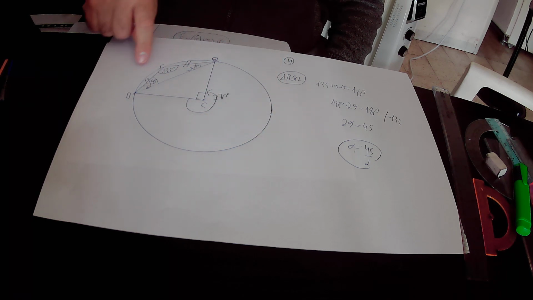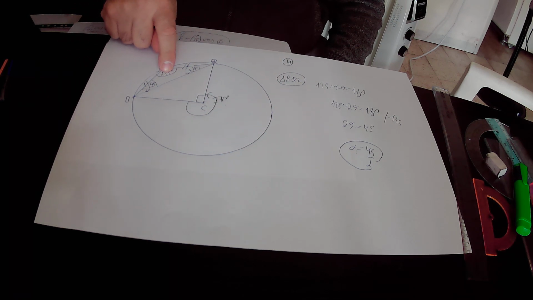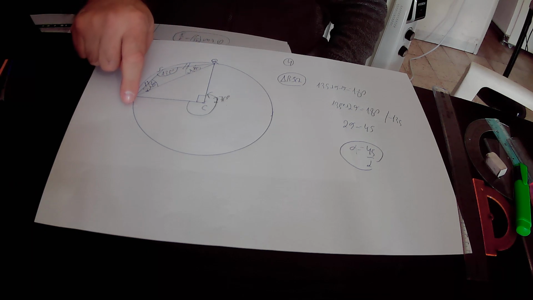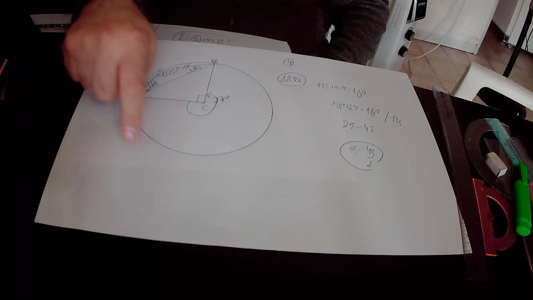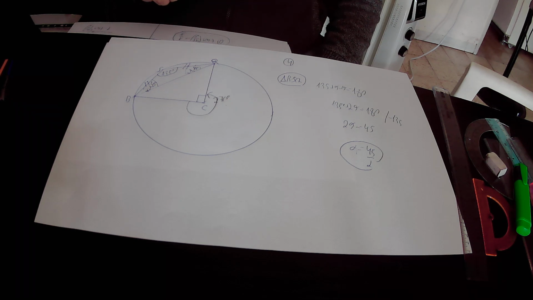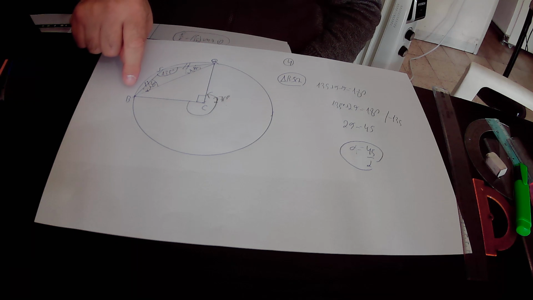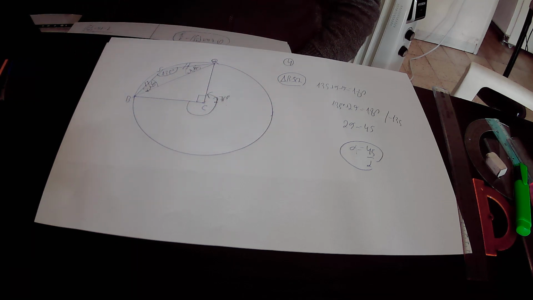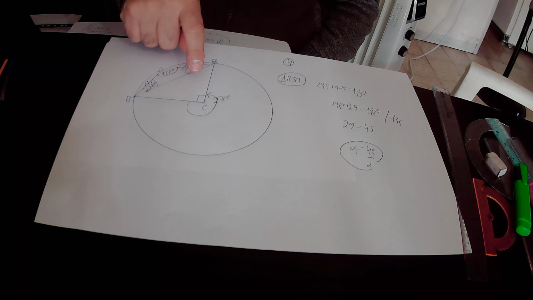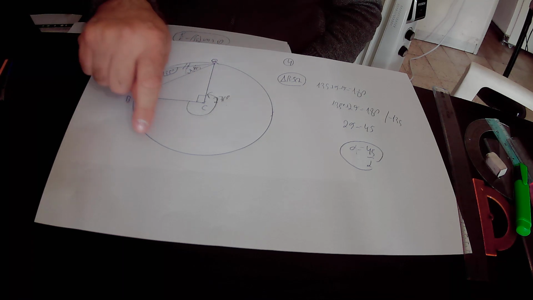According to rule number 13, the peripheral angle QSB that subtends on the same arc BQ must be half of the size of the central angle QCB that subtends on the same arc BQ.